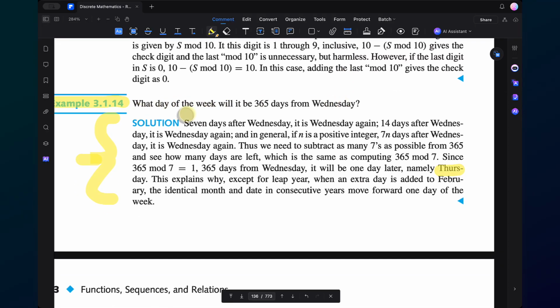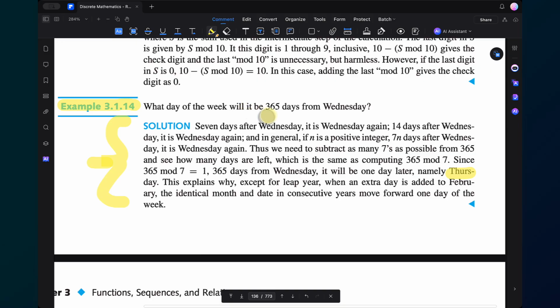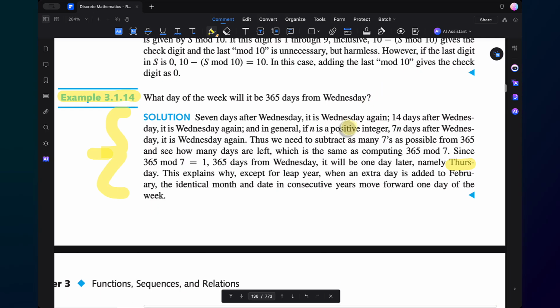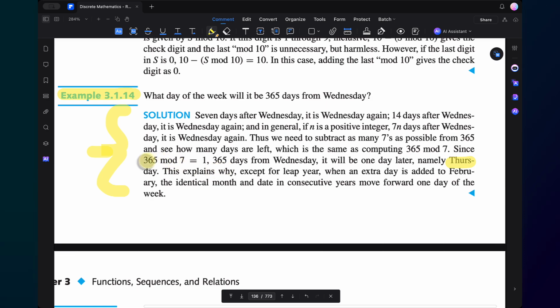Here's an interesting little example. What day of the week will it be 365 days from Wednesday? Well, what do we do? We know every 7th day it comes back around to Wednesday. So essentially what we want to do is calculate 365 mod 7, and that's equal to 1.